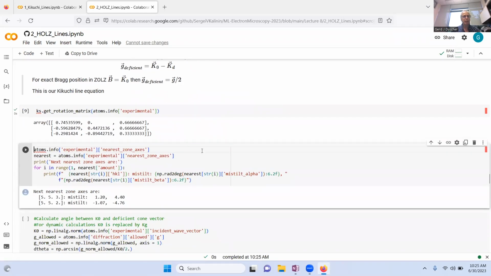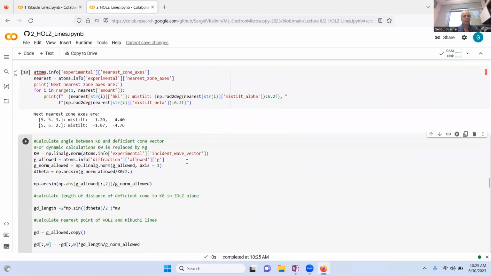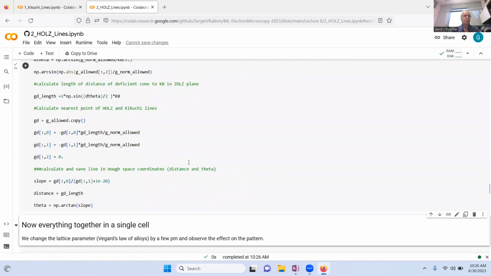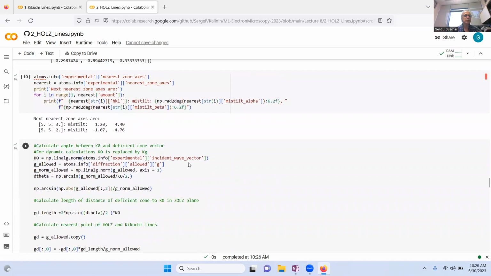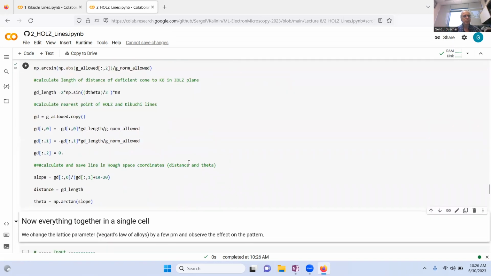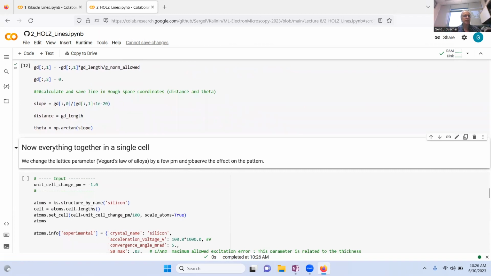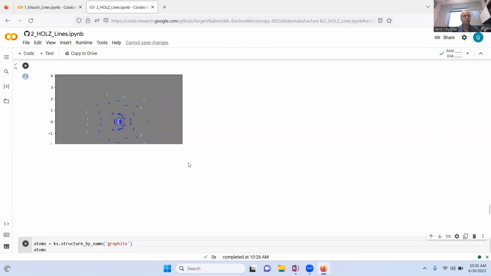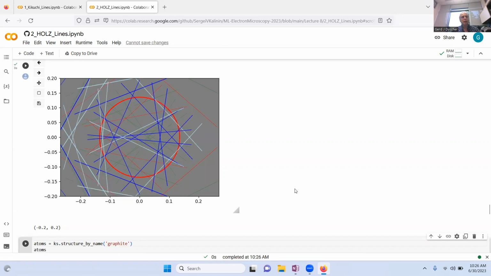So we get a rotation matrix to go down straight, and we determine the nearest zone axis. We calculate the interatomic distances. And now we have the Kikuchi lines for this higher order zone axis.